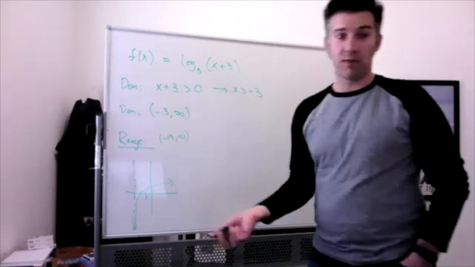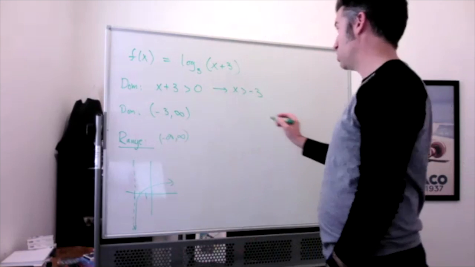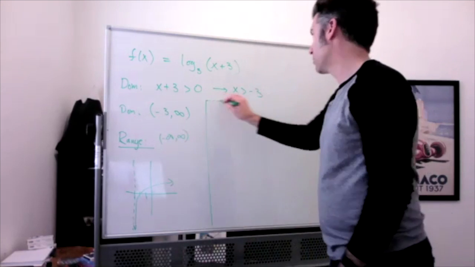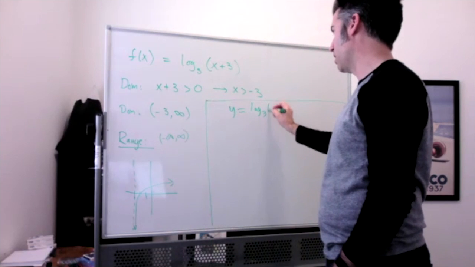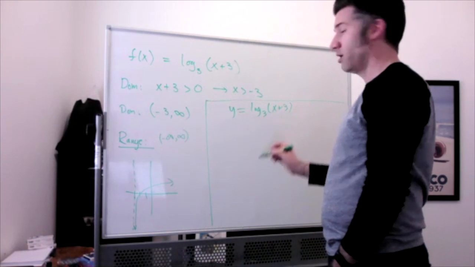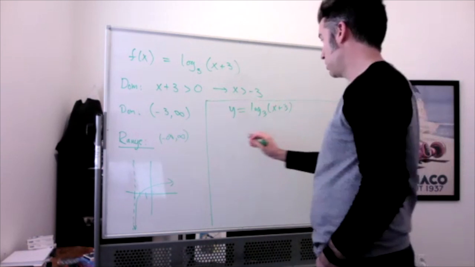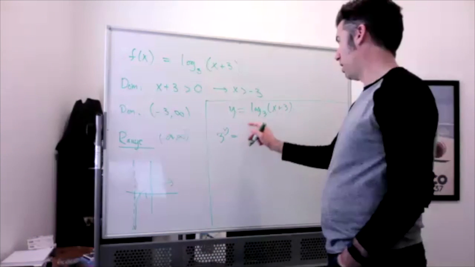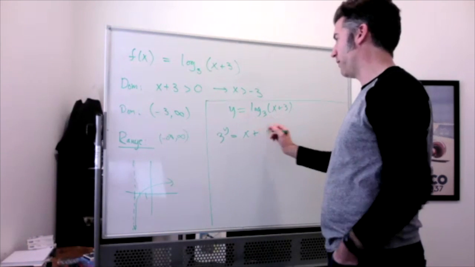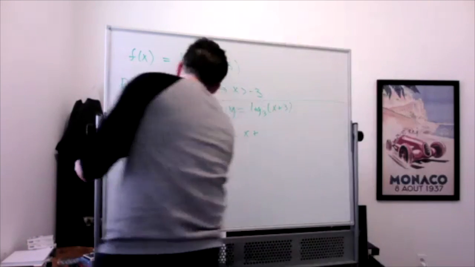You could also find the range by finding the inverse function. So you could start with y equal to log base 3 of x plus 3. You could interchange x and y. Oh, I forgot to interchange x and y. Sorry, let me do that first.